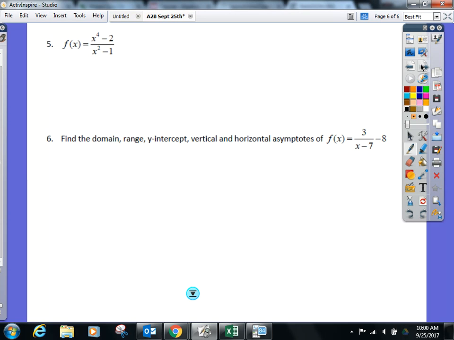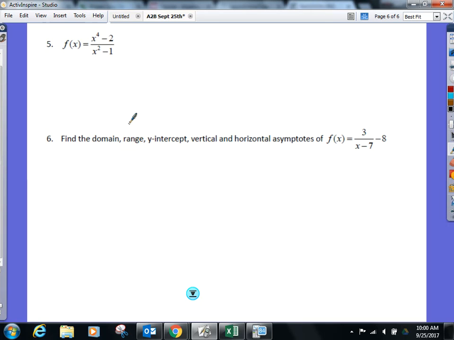And a little hint, what can you do to the denominator to find the vertical asymptote? Factor it, yep. I'm just going to give you a little tip here. You might have 2 vertical asymptotes here. What makes this equal to 0? There's actually 2 numbers that make it equal to 0.